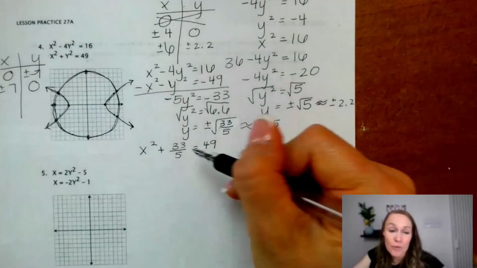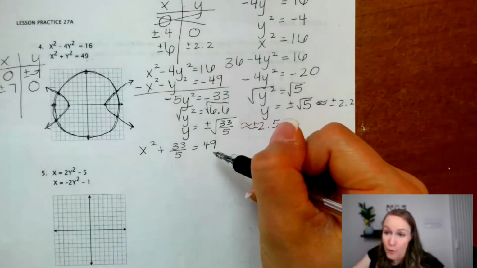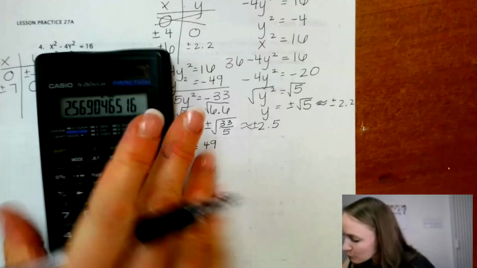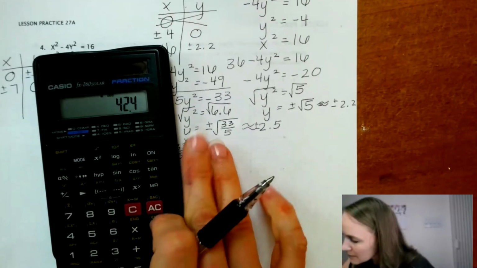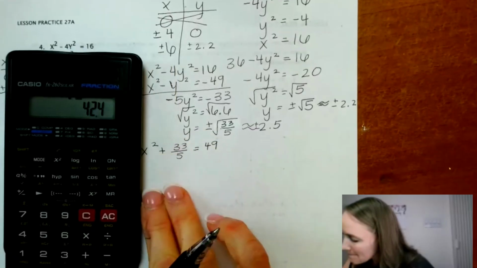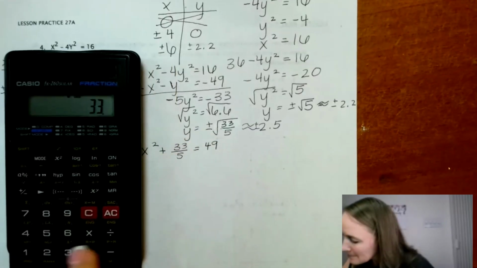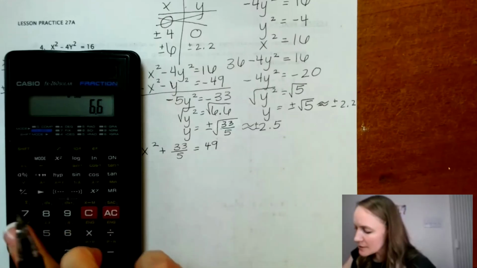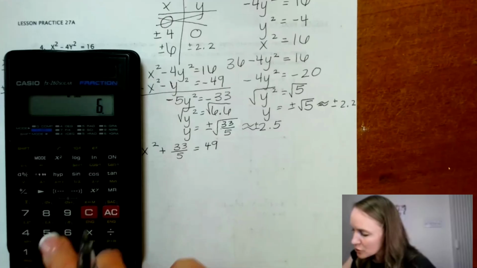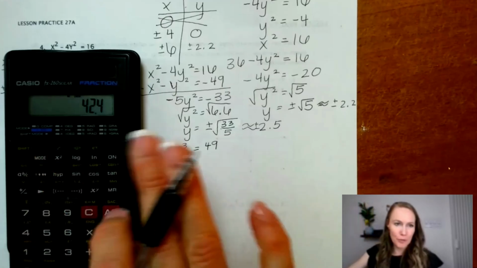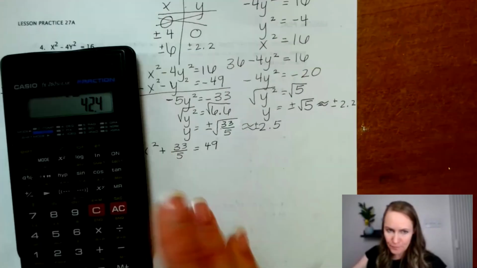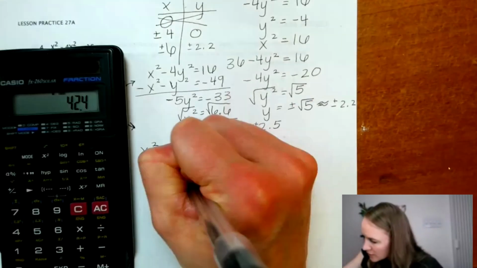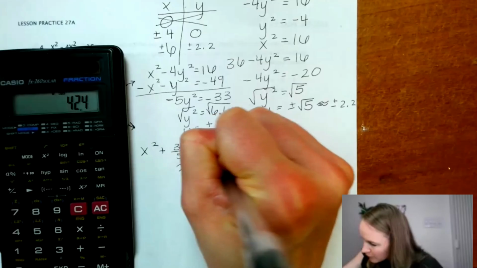So I have to take 33 over 5 and subtract it from 49. So 49 minus 33 divided by 5. Okay, 49 minus 6.6. I'm just checking, make sure that I'm putting everything in really well. So 42.4. So x squared does equal 42.4.